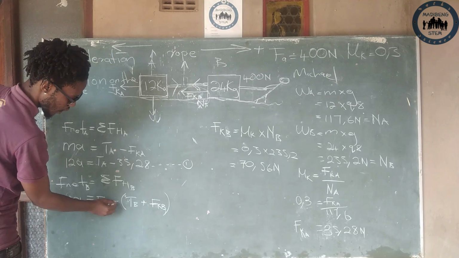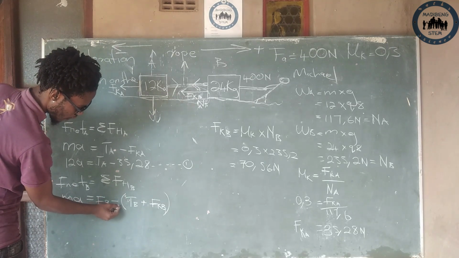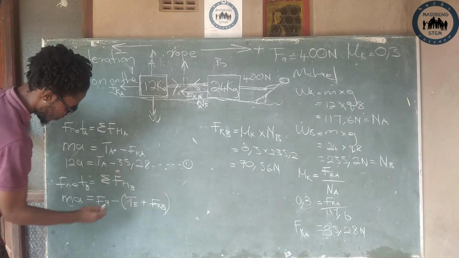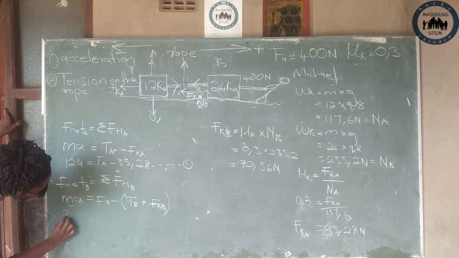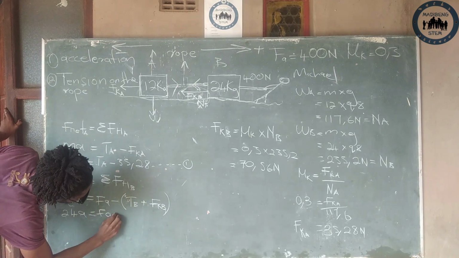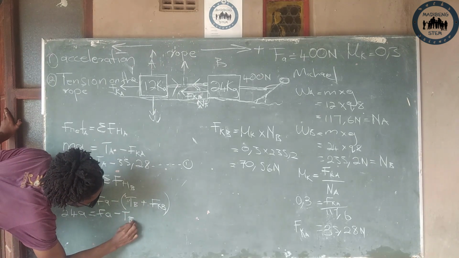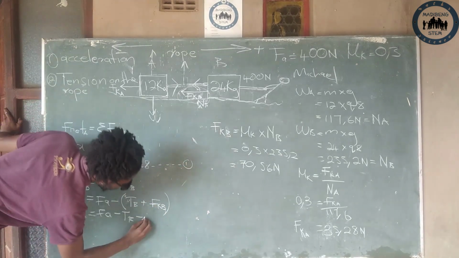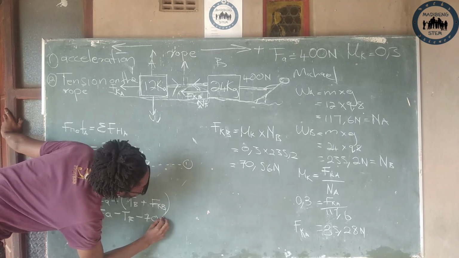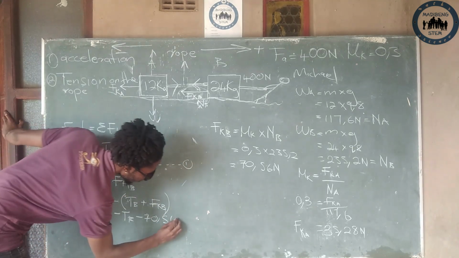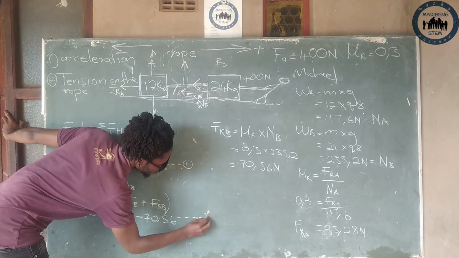Multiplying -1 by +1 gives us negative TB. So we end up with 24a equals FA minus TB minus the frictional force, 70.56. This is our equation 2.